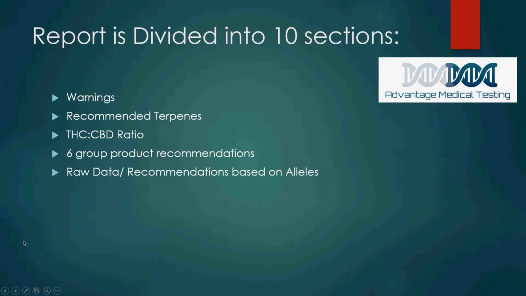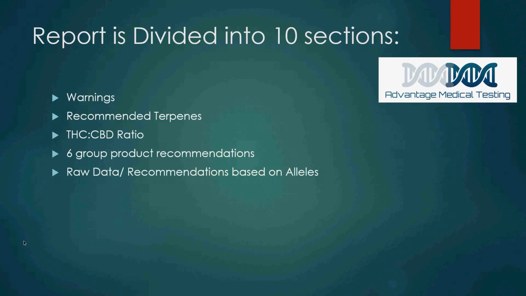So, the report is divided into 10 sections. The first section, which is very important, is warnings. The second section is recommended terpenes based on their DNA profile that will help them in those 6 categories. And really important here is the THC to CBD ratio.